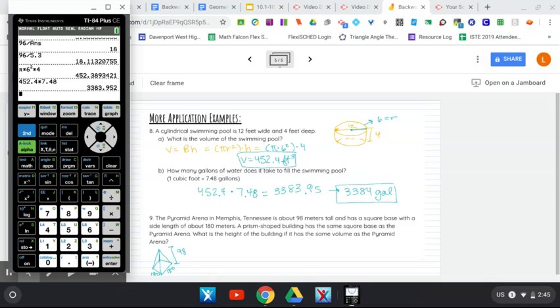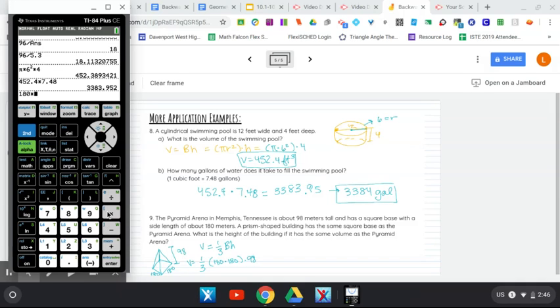So what we need to do first, you guys, is figure out what is the volume of the pyramid. So 1/3 area of the base times the height. Well, the base is going to be 180 times 180, and then the height is 98. So let's type that in.